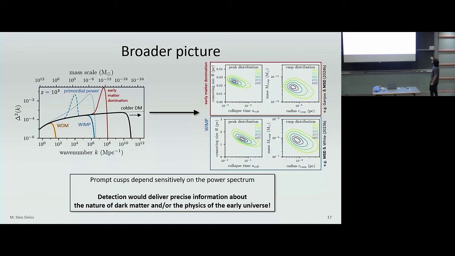They're about a decade in mass, a decade in radius. I mean, a decade isn't that narrow, but compare it to halos, right? Halos form at all masses. So this means that detection of a prompt cusp, even just one prompt cusp, would tell us something really precise about the nature of dark matter or the physics of the early universe.